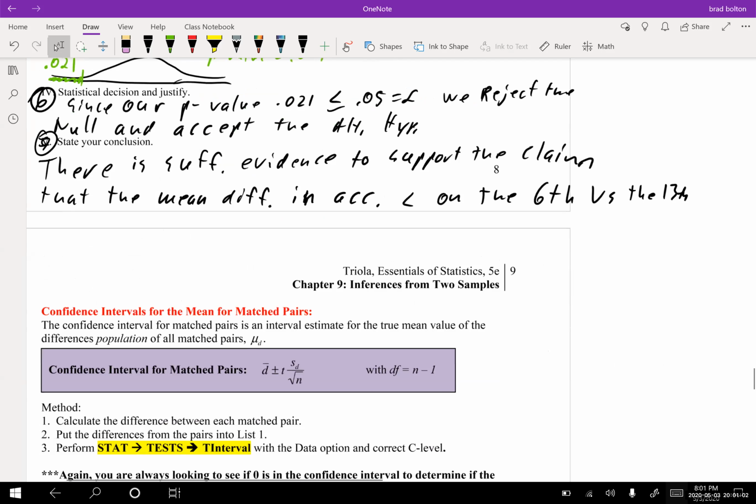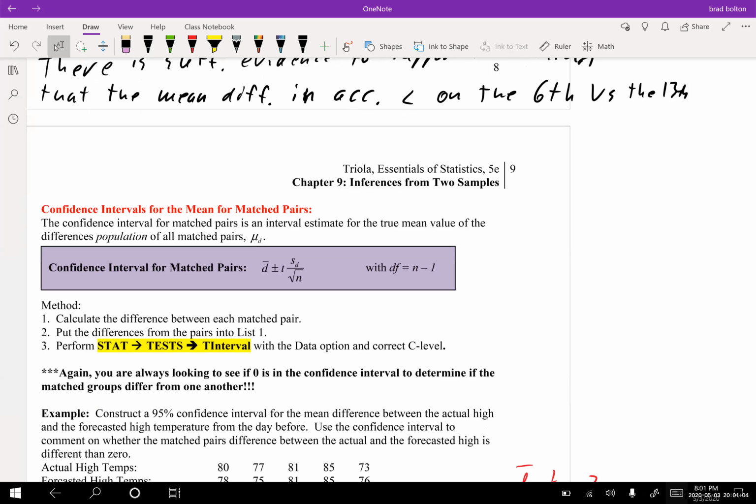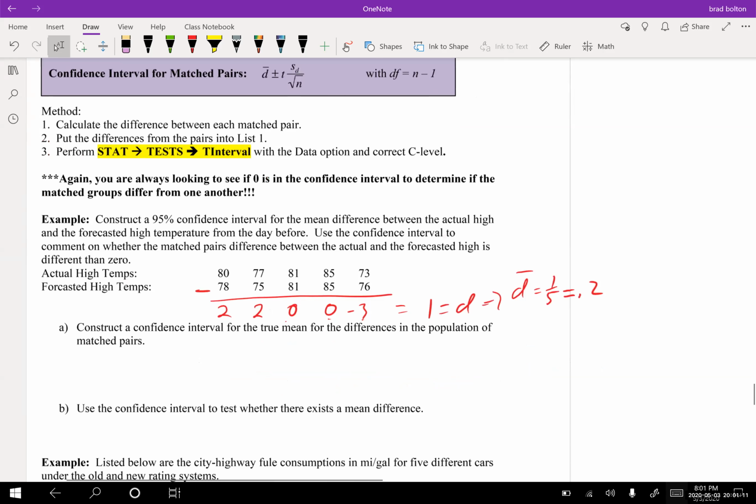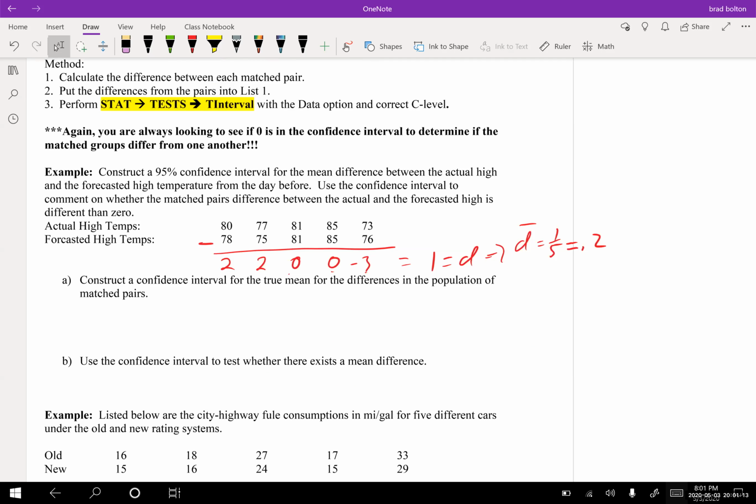Okay. Let me see here. I think we can just do one of these and then call it a day. I started this one again, and I just want you to know we are always looking for this 0 when you're dealing with 2 samples. So we're going to build a confidence interval based on our new data.